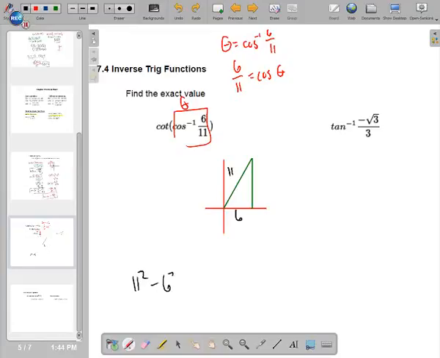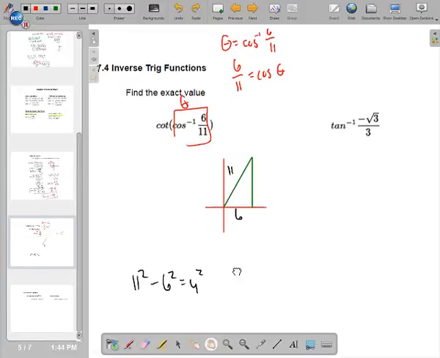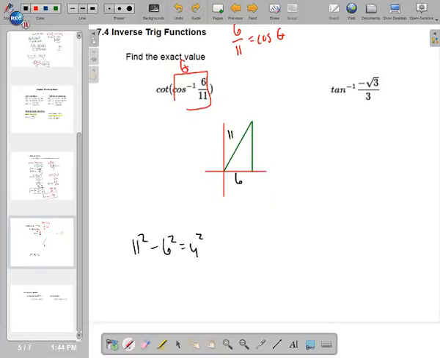So 11 squared minus 6 squared will give you the y squared. So that's going to be 121 minus 36, and we're going to get 85. So this is the square root of 85.